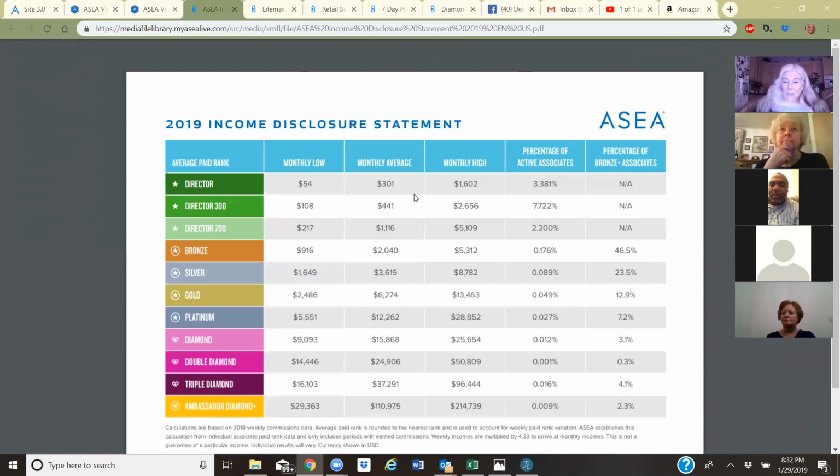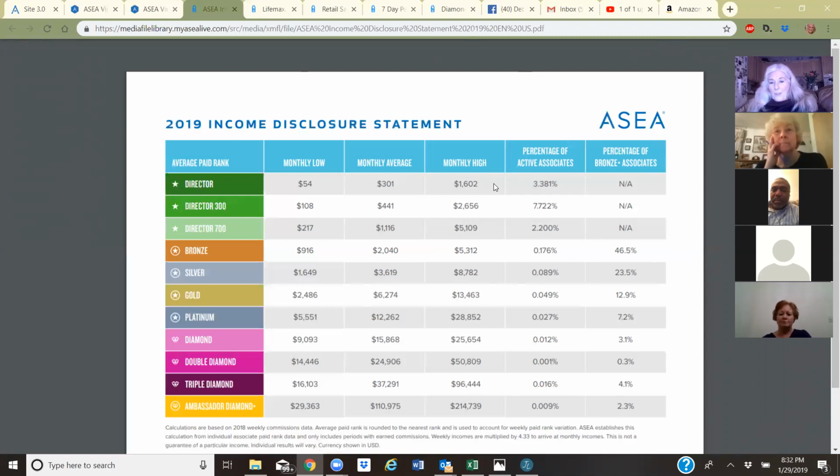And they took my salary for an average. And if my salary happened to be averaged at a triple diamond, then I was averaged in with this. But I could have been ambassador double diamond. I still would have been put in the diamond one because they don't care what your lifetime rank is. It's what I'm actually earning. So that's the actual earnings. This happens to be a high that's been made.